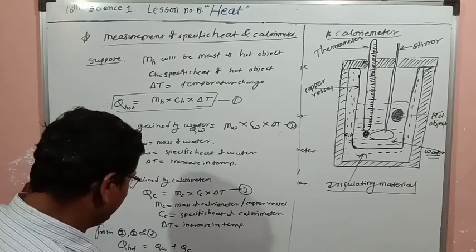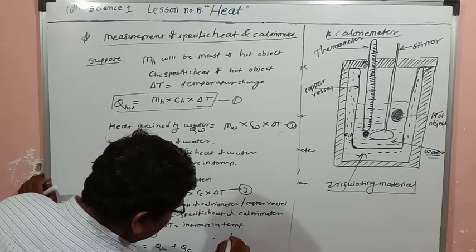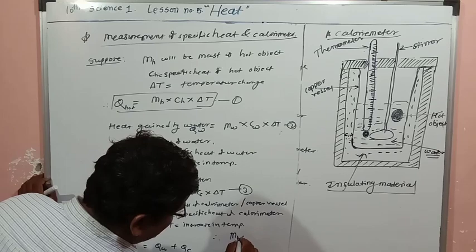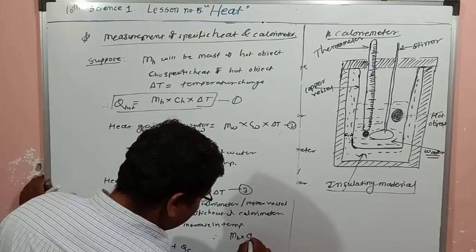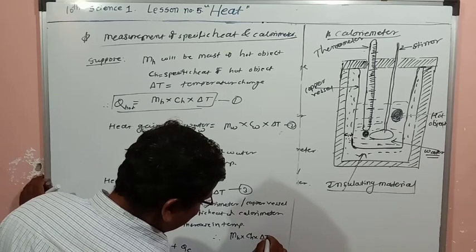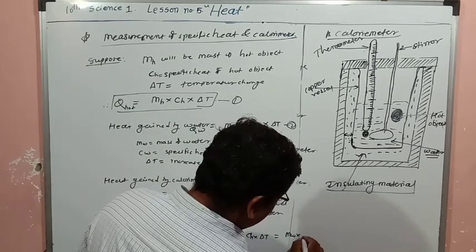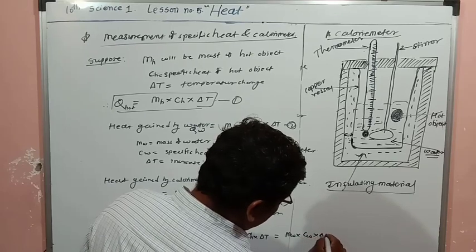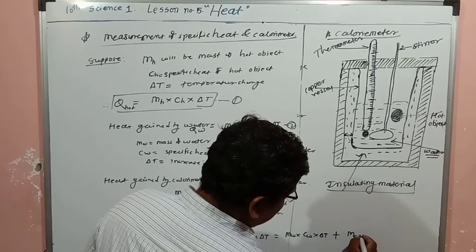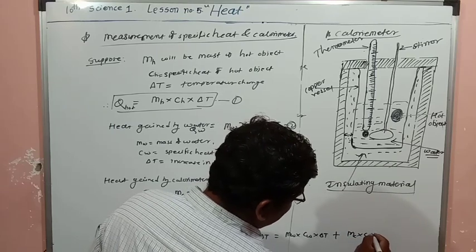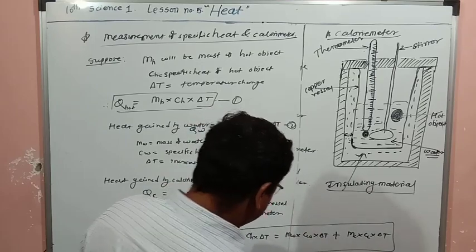So finally you can write, therefore, mH multiplied by CH multiplied by delta T is equal to mW multiplied by Cw multiplied by delta T plus MC multiplied by CC multiplied by delta T. Like this way you can find out.